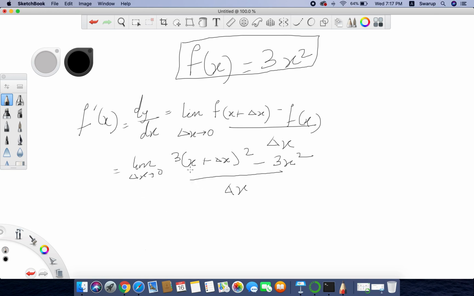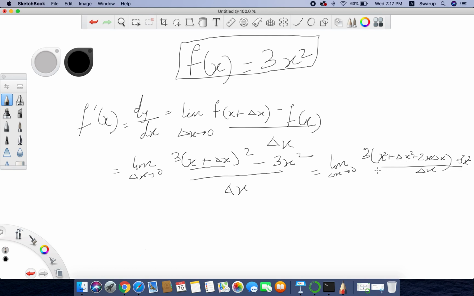Now here we have the equation in the form a plus b square. So we can break it down as a plus b square, which will be equal to limit delta x implies 0, and here it will be 3 of a square, that is x square, plus delta x square plus 2 into x into delta x, that is 2x delta x, minus 3x square, divided by delta x.